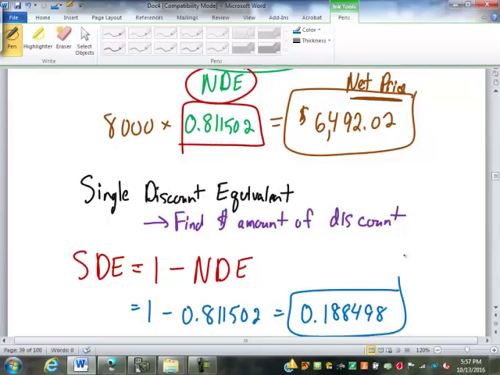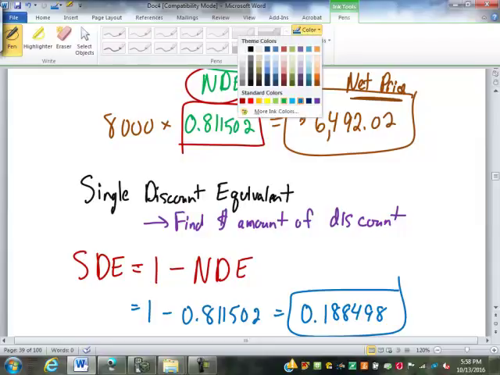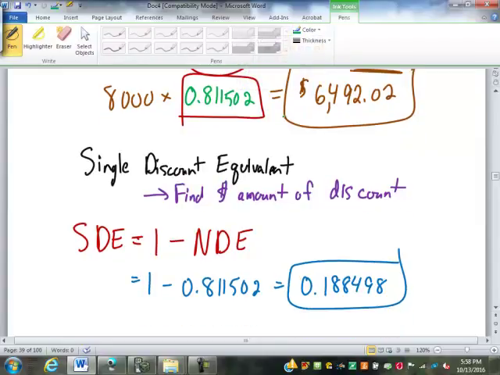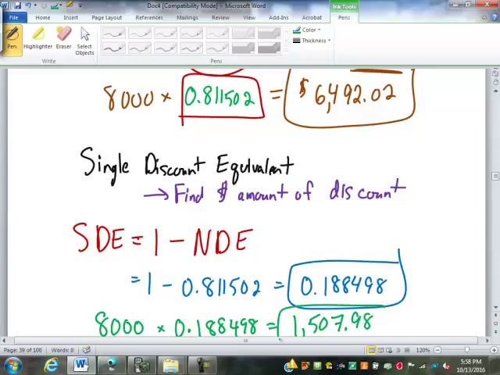That would describe the discount. So for this particular problem, the discount could be found by taking my 8,000, my list price, times that single discount equivalent, 0.188498, which is going to give us $1,507.98.